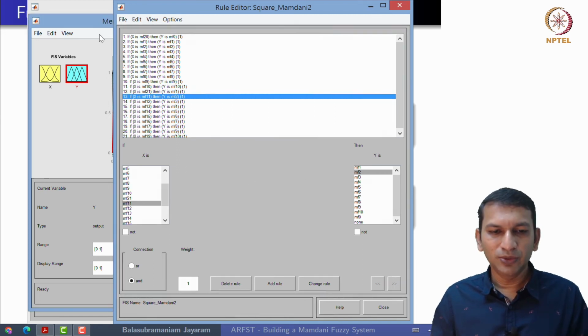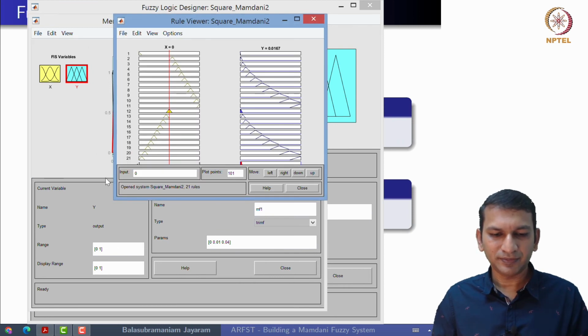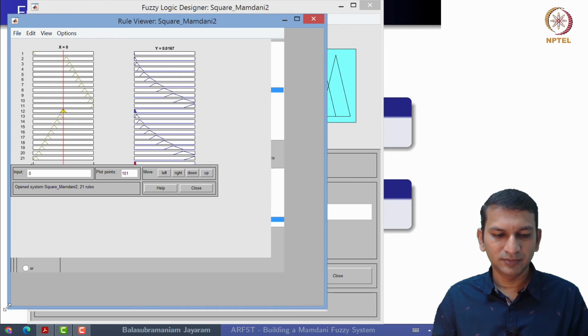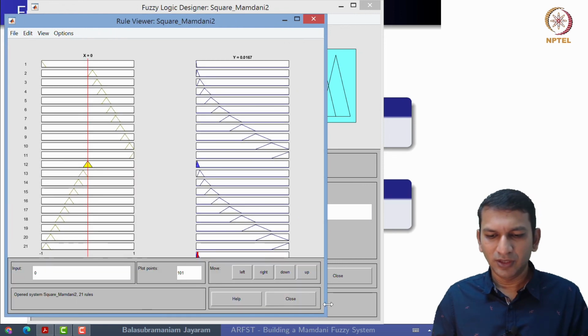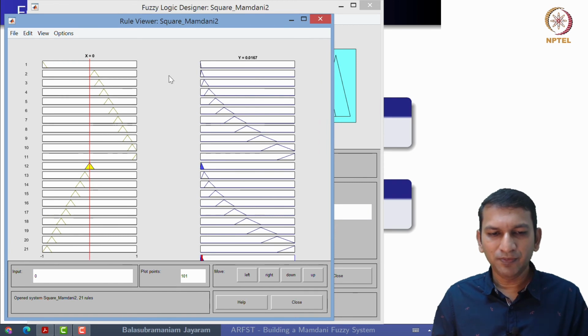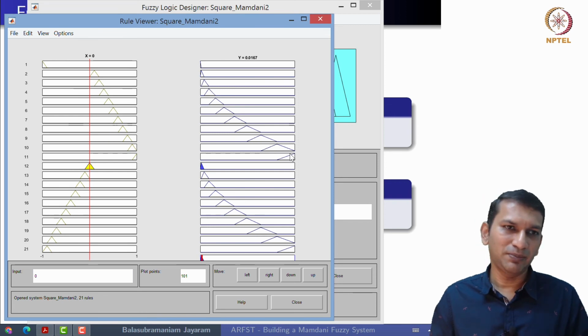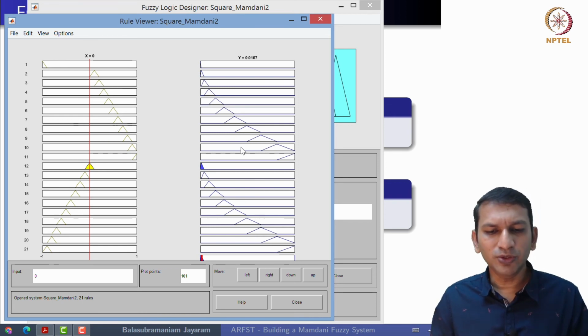If you would like to see the rules, it's perhaps much easier to see there. You will see here that 0 is mapped to 0, 0.1 is mapped to 0.01, 0.2 is mapped to 0.04, and you could see it is tapering the way x squared tapers. And you should also notice that these are not constant width fuzzy sets.